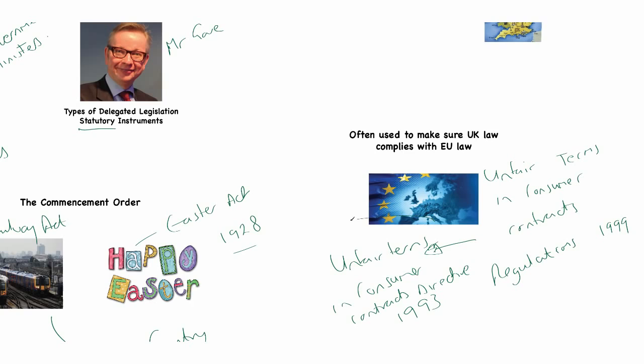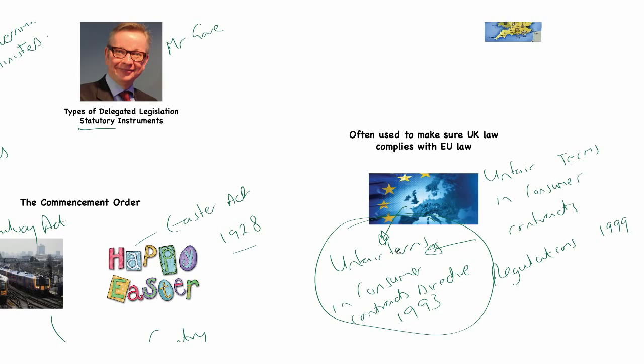So, the Unfair Terms in Consumer Contracts Directive 1993 is a piece of European legislation. Now, even though we're a member of the EU, before that can become a part of British law, UK law, it has to become a law passed by our supreme lawmaking body, Parliament, in other words.